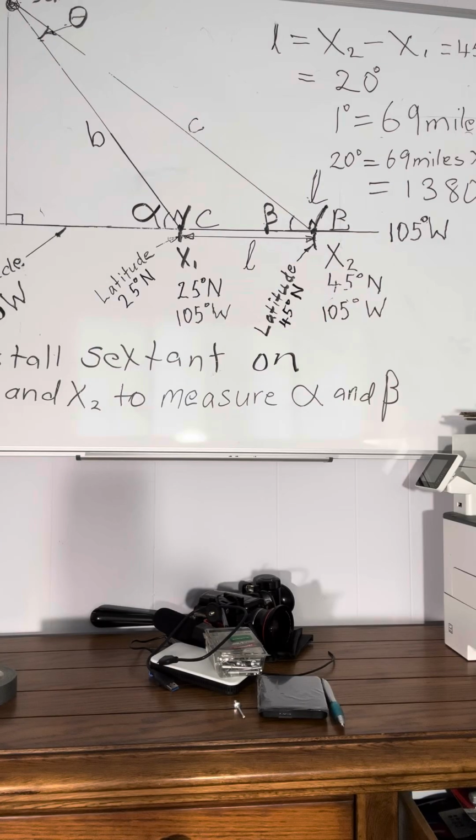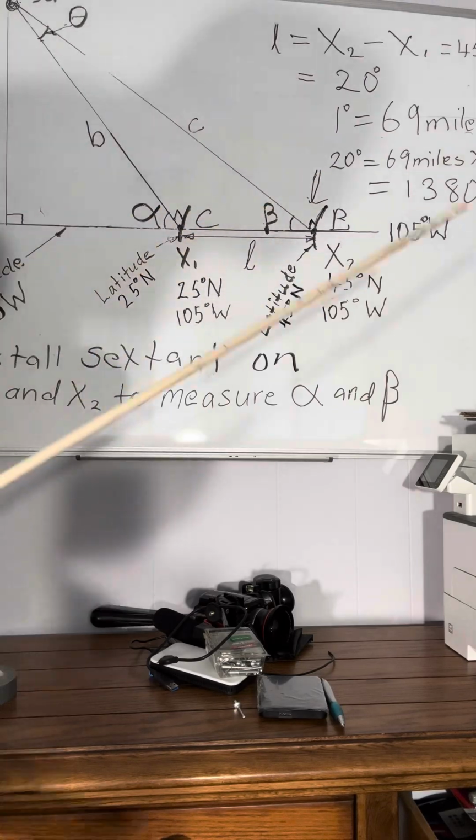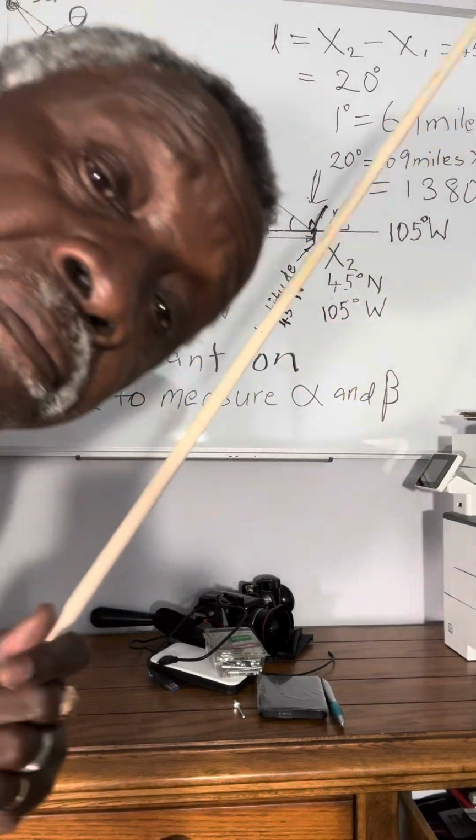Now let me go back so you remember what I said. You put your sextant 1 to measure angle alpha. Let me see.